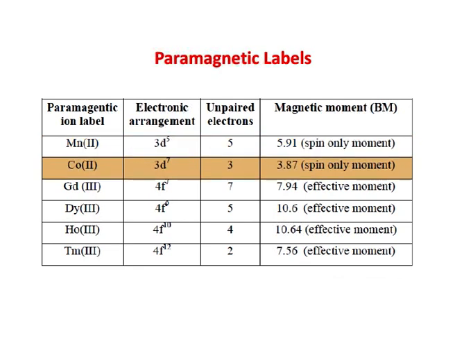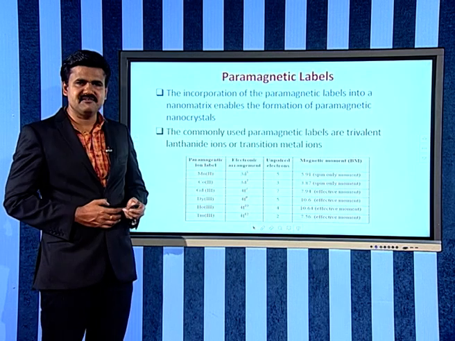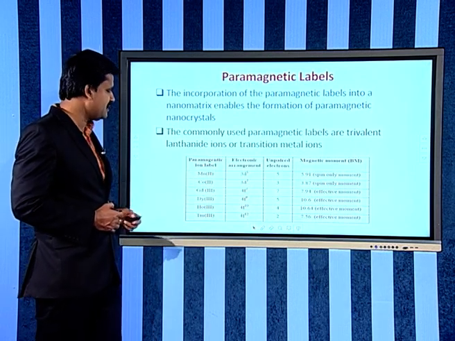In the case of cobalt, the configuration is 3d7 with 3 unpaired electrons. The spin-only moment is 3.87 Bohr magneton. Similarly, for lanthanide ions, the values are given with electronic configuration as well as number of unpaired electrons.